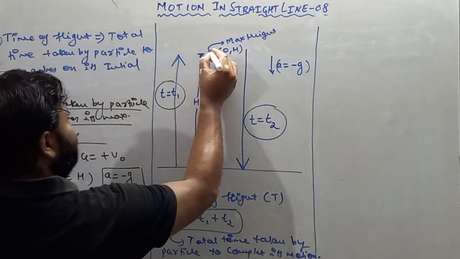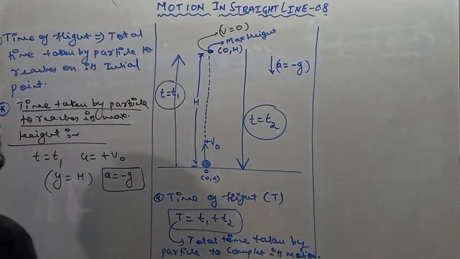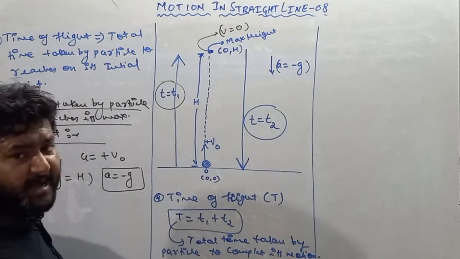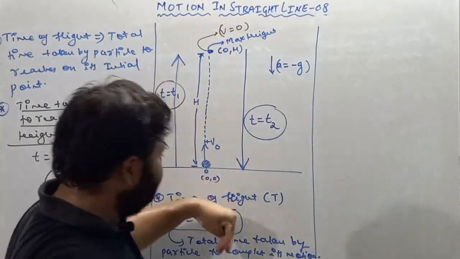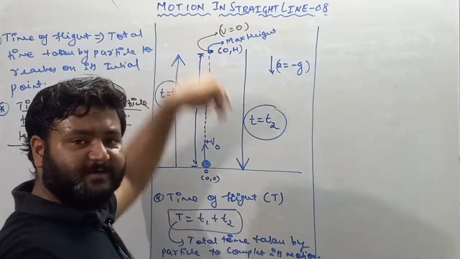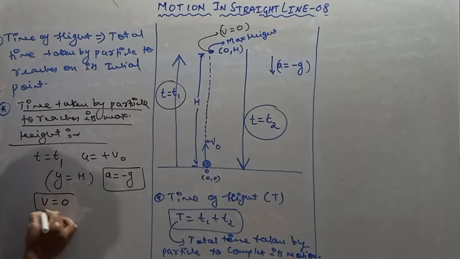And now see, at maximum height, I already told you the velocity is equal to 0, because after achieving maximum height, the direction of motion of the particle changes. Now the particle will attain the direction of motion towards downward, towards ground. So final velocity is considered to be 0.